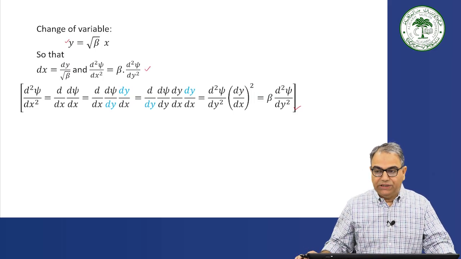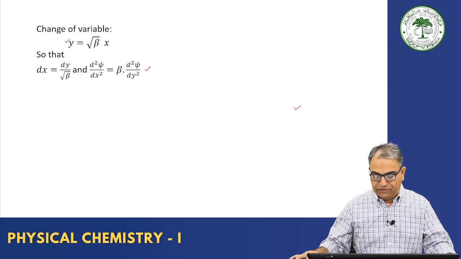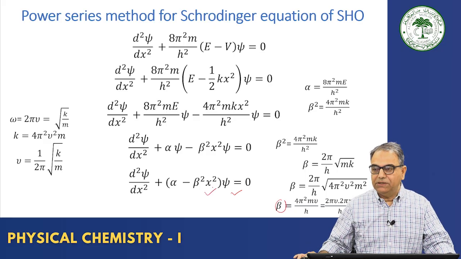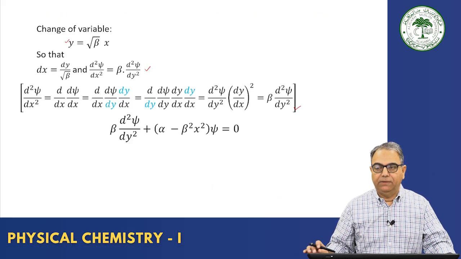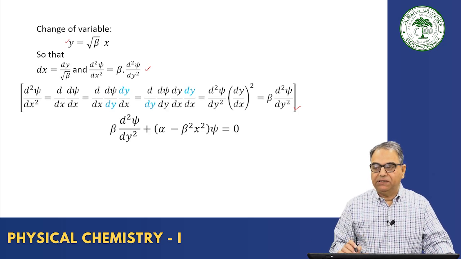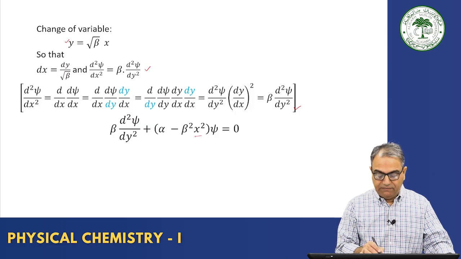Now if you use this change of variables, y is equal to root beta x, then your original equation becomes this one: beta d square psi by dy square plus alpha minus beta square x square psi. So this x square is still there. We will remove this also.